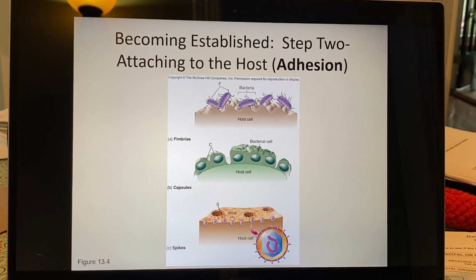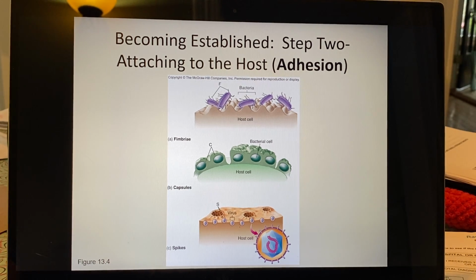So just because it makes its way into you doesn't mean that automatically, boom, it's definitely going to cause infection. You have certain barriers that prevent that, which we'll talk about, I think, first thing in chapter 16. But also realize that if it's bacterial, it has to adhere to your host cells.